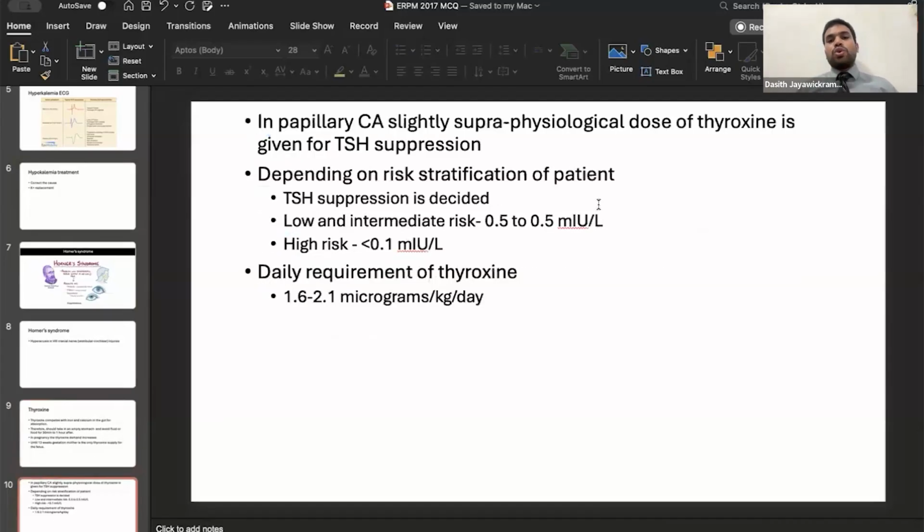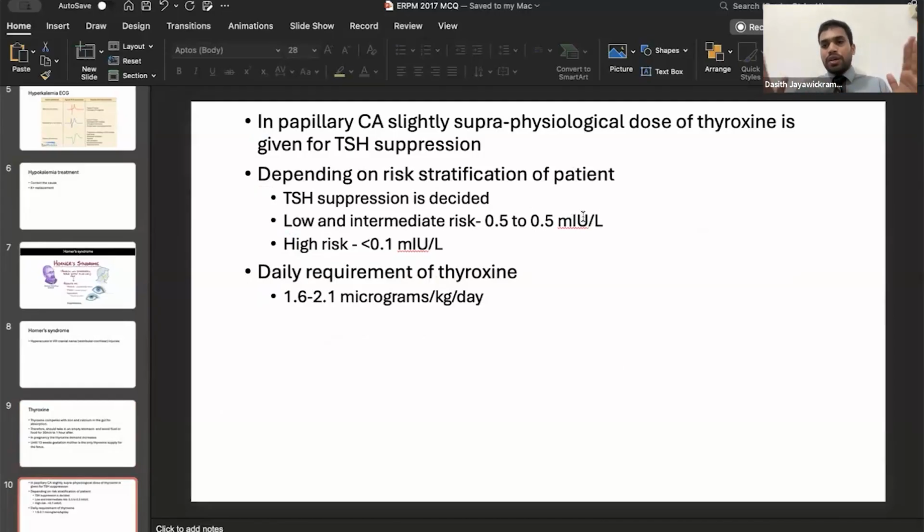In papillary carcinoma, after we have done the thyroidectomy, we give the patient a slightly supraphysiological dose of thyroxine. What is the physiological dose of thyroxine? It is 1.6 to 2.1 micrograms per kg per day.